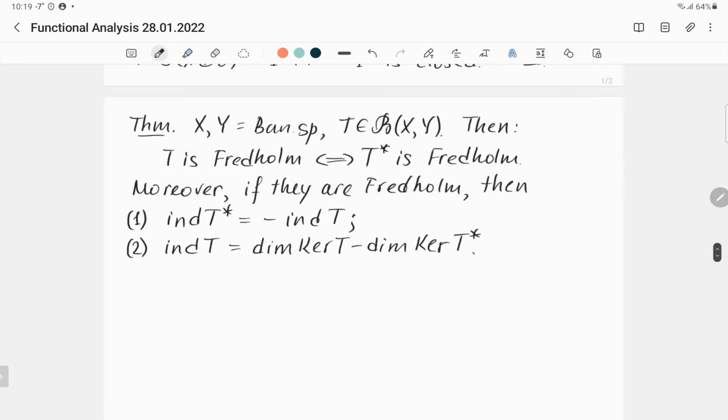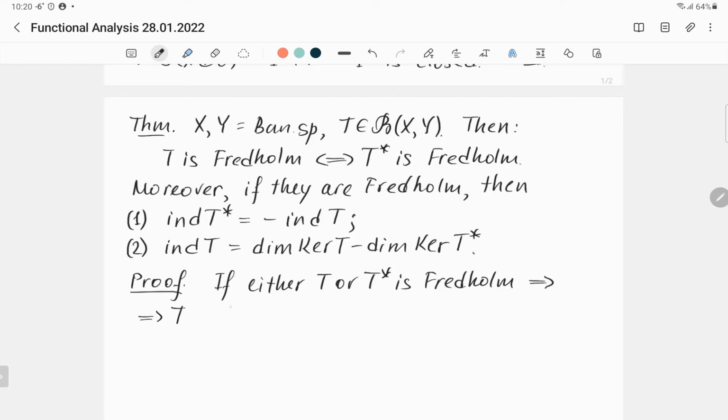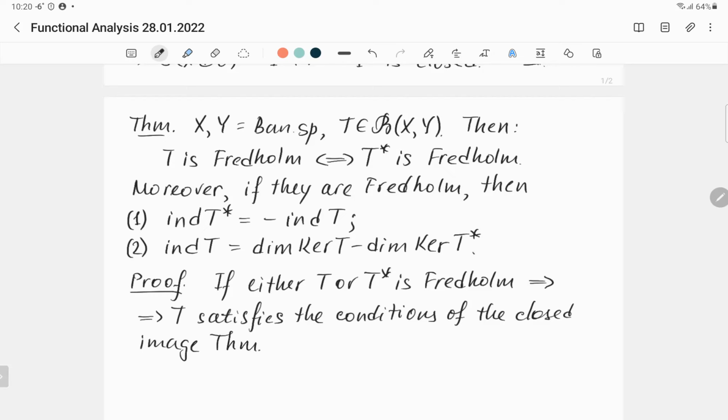Okay, to prove this result, let's observe that if either of the operators T and T star is Fredholm, then T satisfies the conditions of the closed image theorem.